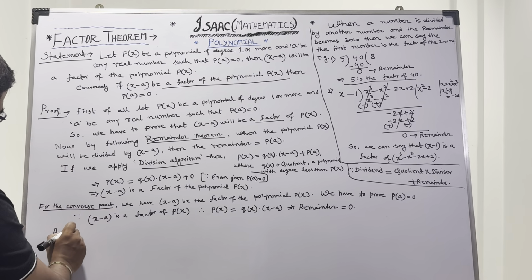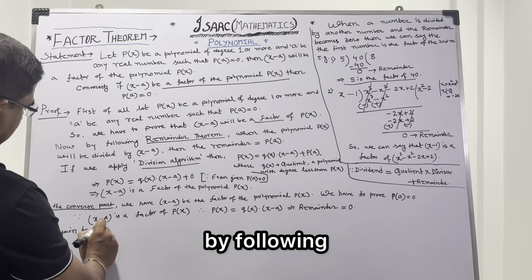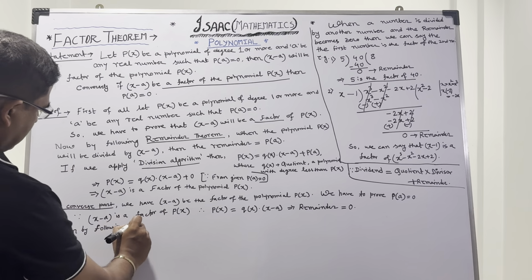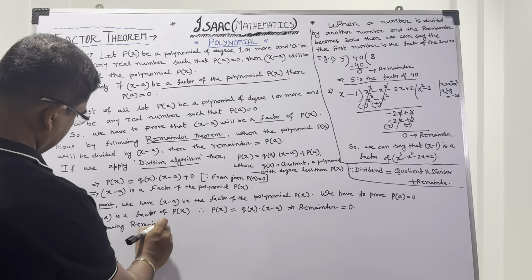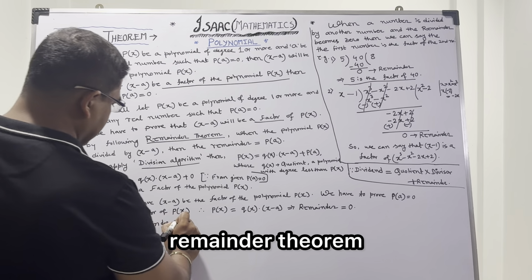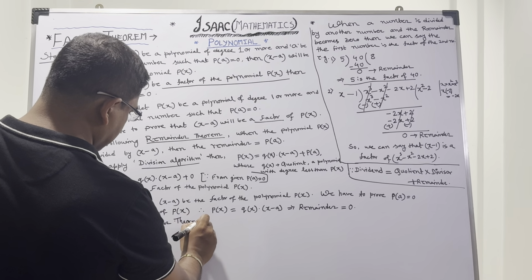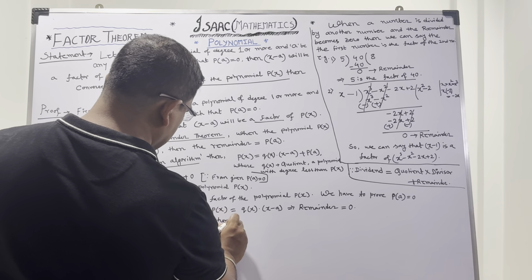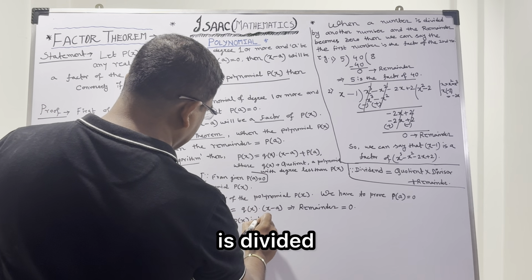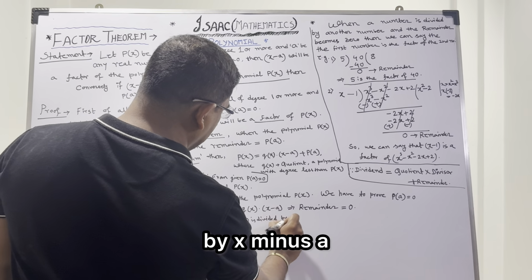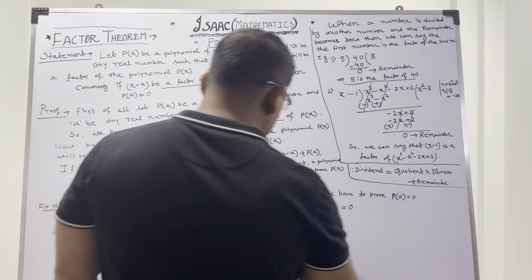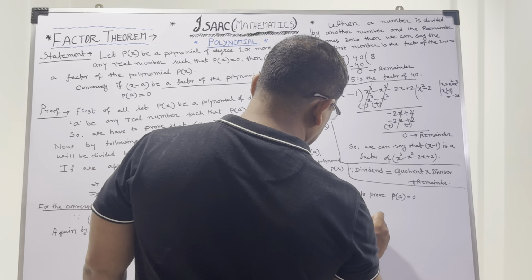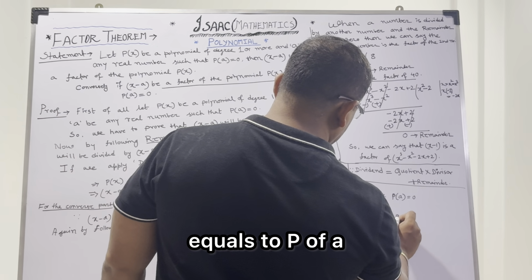Again, by following the remainder theorem, when P of x is divided by x minus a, then the remainder equals P of a.